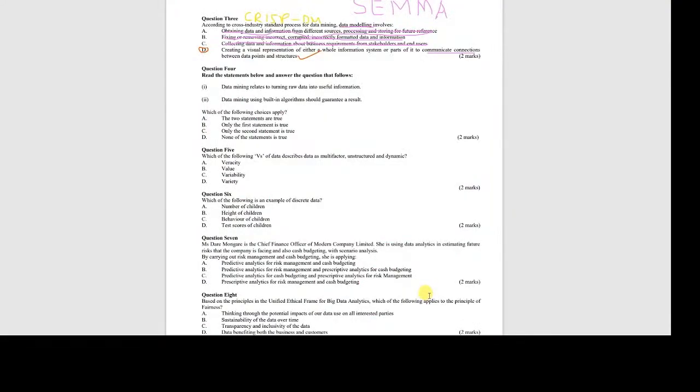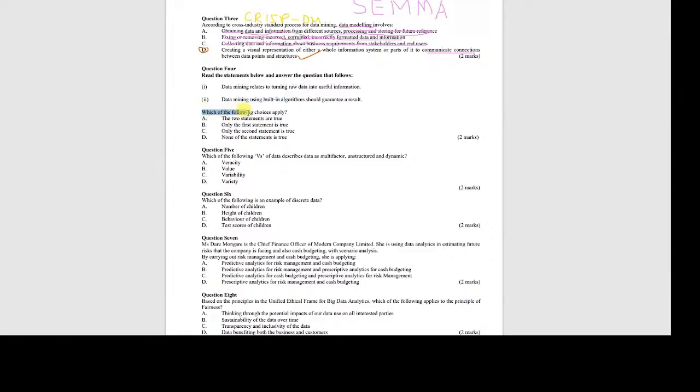Hello and welcome to the lesson. Today we're going to answer question number 4, which reads, read the statements below and answer the questions that follow. Roman 1, data mining relates to turning raw data into useful information. Roman 2, data mining using built-in algorithms should guarantee a result.